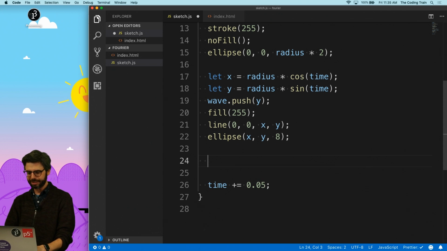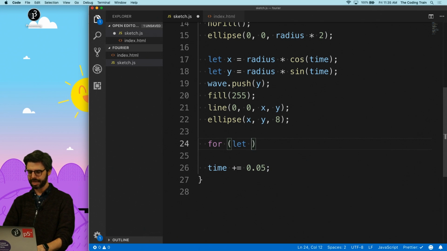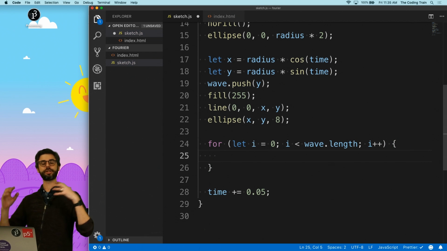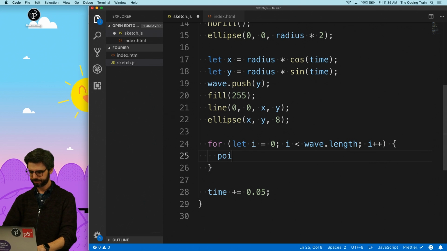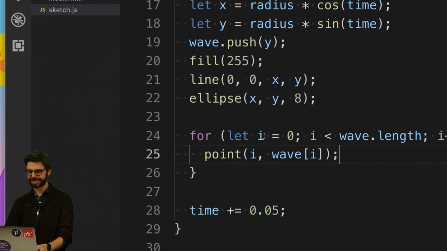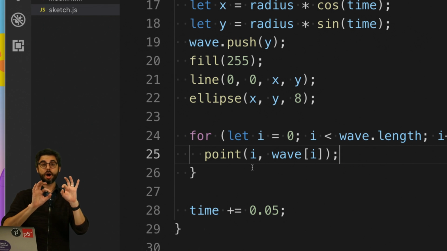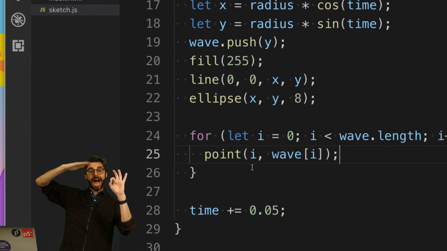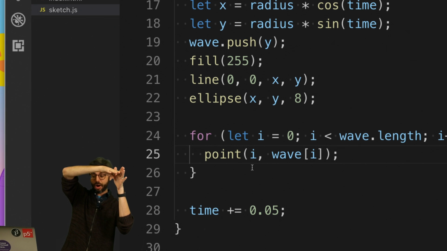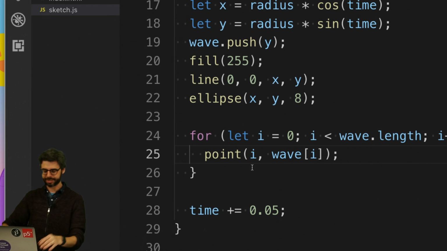Now all I need to do is say, for let i equals 0, i is less than wave.length, i plus plus, let's draw a point at i comma wave index i. So all I'm doing is drawing all of those height values, those Y values, from X equals 0 to as many of them as I get.